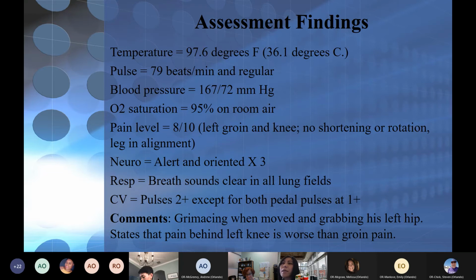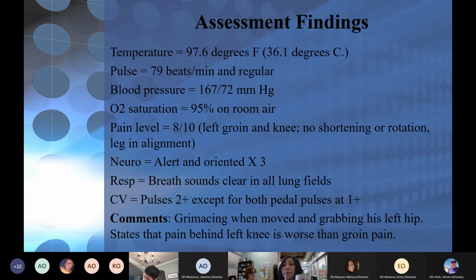Left groin and knee, no shortening or rotation. Leg in alignment. Neuro is alert and oriented times 3. Respiration is breath sounds clear in all lung fields. CV is pulses 2+, except for both pedal pulses at 1+. Comments: grimacing when moved and grabbing his left hip. States that pain behind left knee is worse than groin pain.